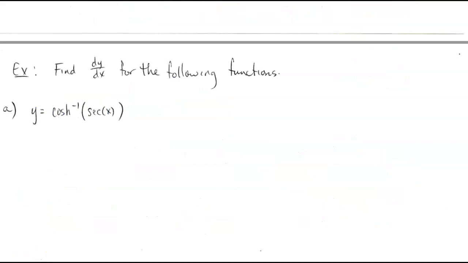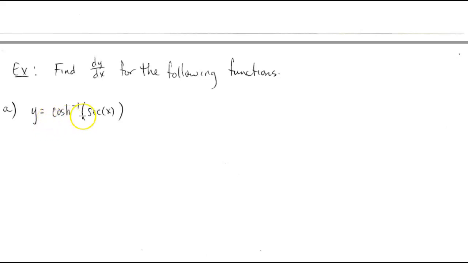Okay, so for our next example here, we're being asked to take the derivative of cosh inverse of secant x. So again, this is one of these examples where we have a hyperbolic function and a trig function mixed together here. So we need to make sure that we remember what derivatives go with what.